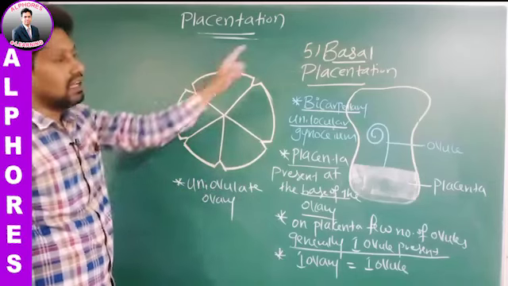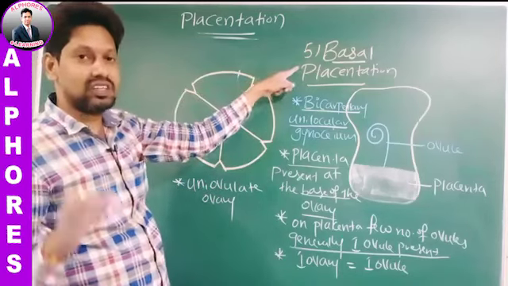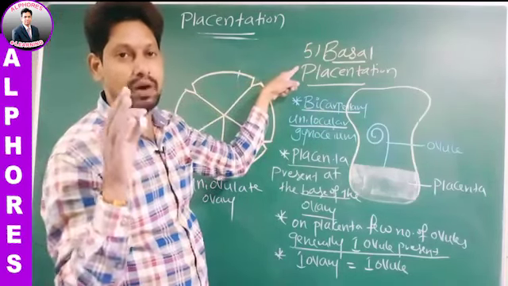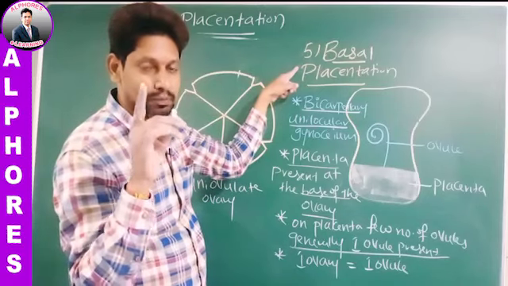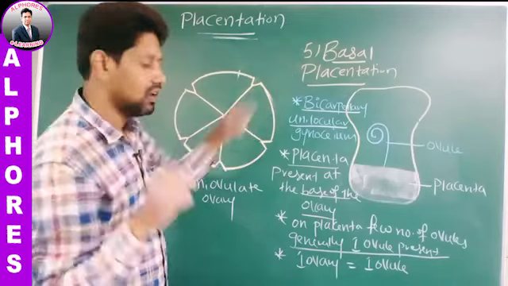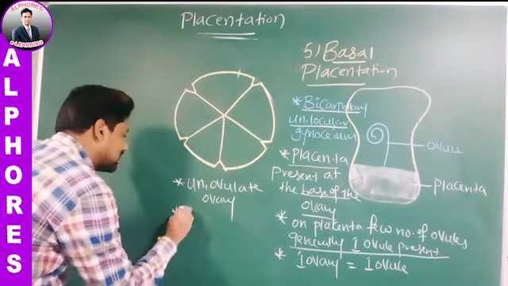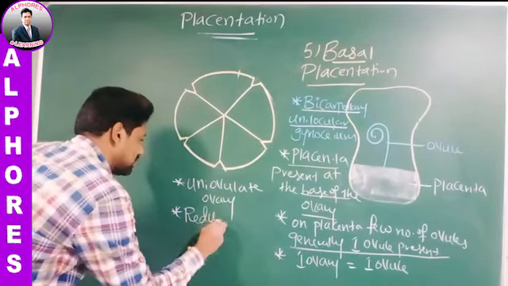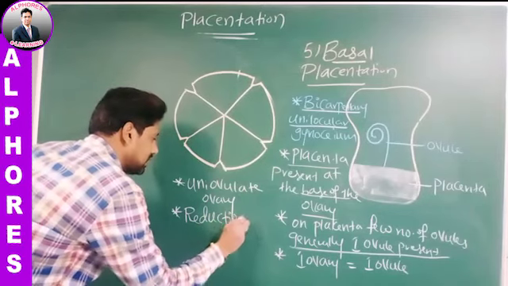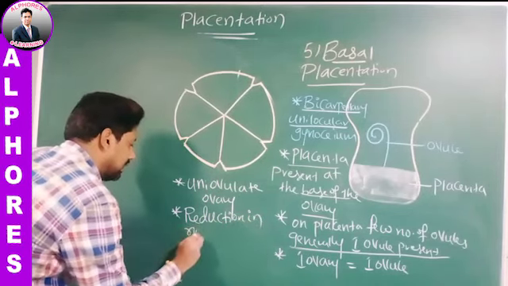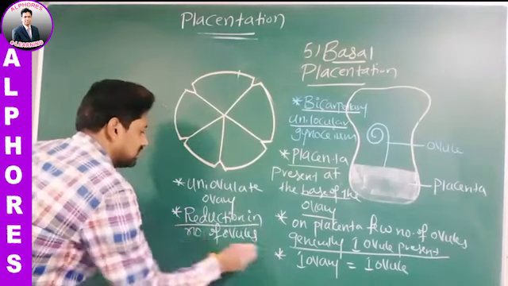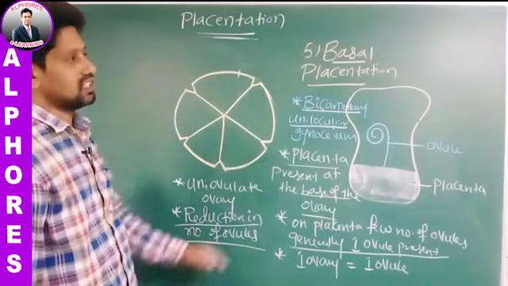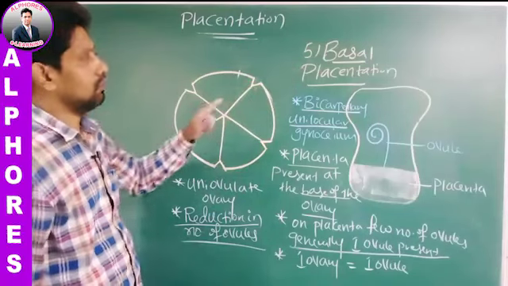In basal placentation there is a reduction in the number of ovules, because only a few ovules are present, preferably one. Therefore, reduction in the number of ovules. This is basal placentation.